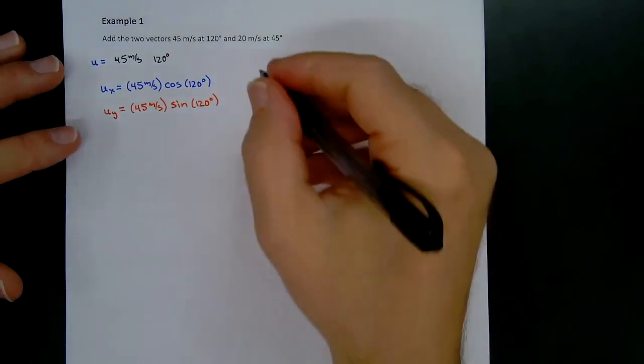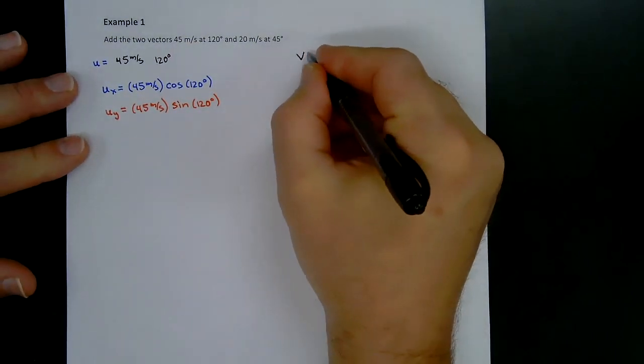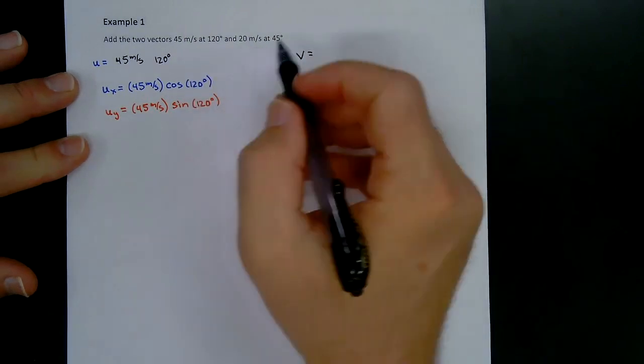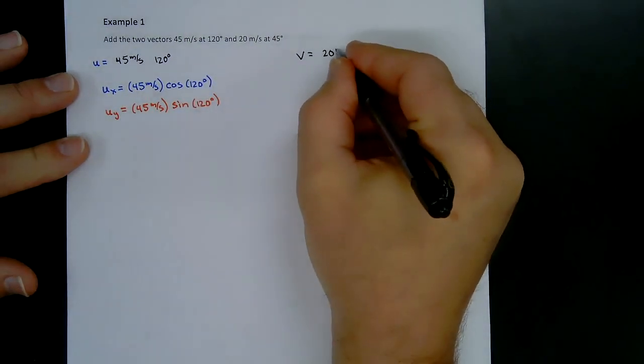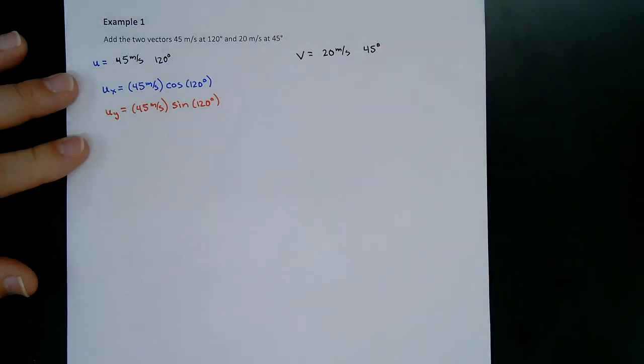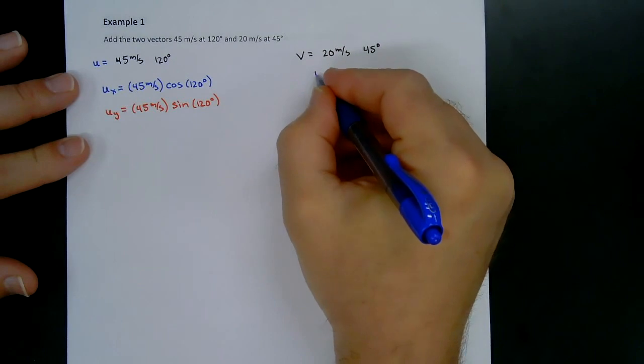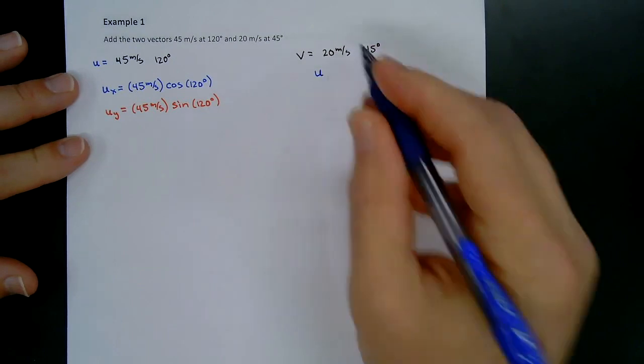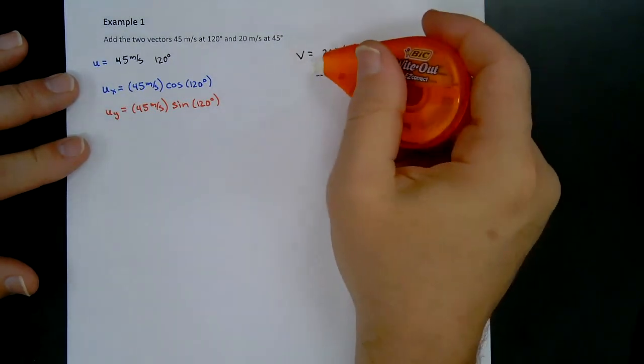Okay, and then the other vector, let's call it v, and v is going to be 20 meters per second at 45 degrees. And so the horizontal component for that one, I just wrote u and I meant to write v.